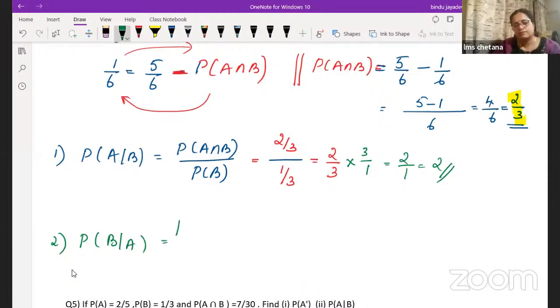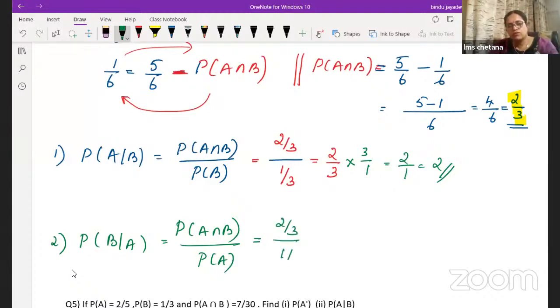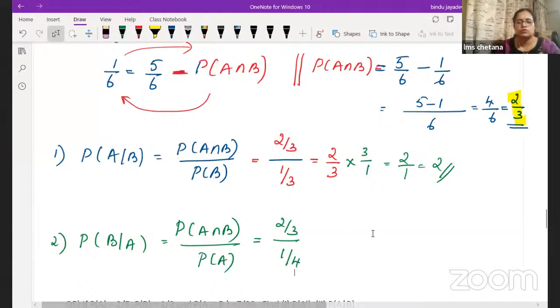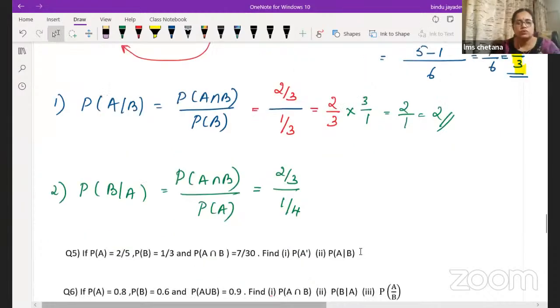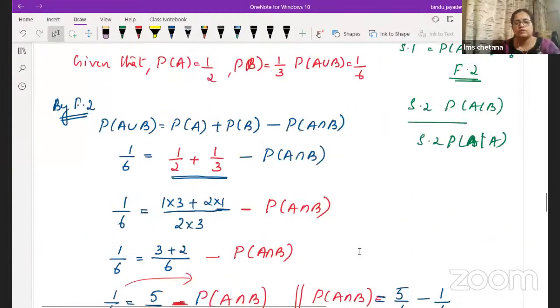Next part: probability of B given A equal to probability of A intersection B divided by probability of A. That is 2 upon 3 divided by 1 upon 2.